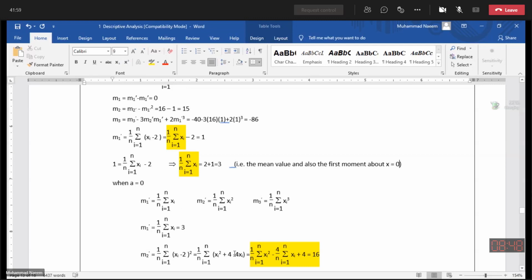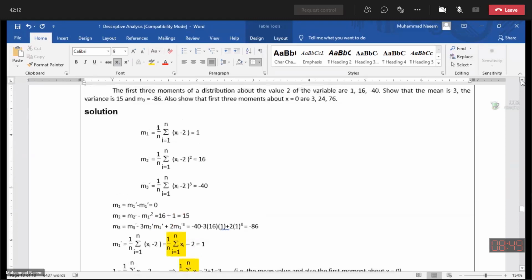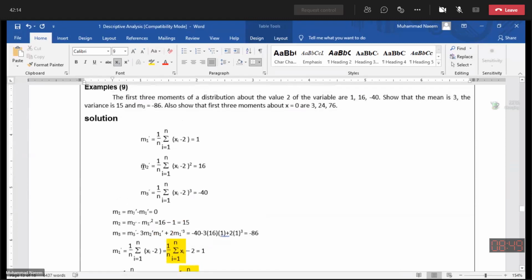Similarly, expand the square of the second moment about origin. This is about 2. This is given. Now expand this square, apply sigma to all the three terms and divide by n.